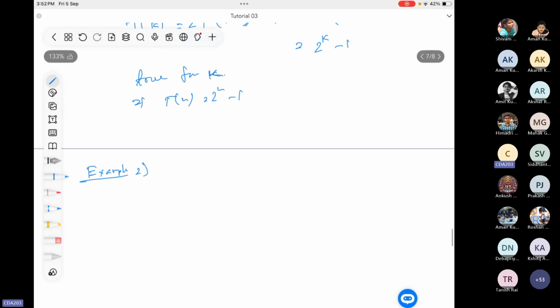Okay. So next example is this one. It is 1 if n equal to 1, and 2 times t of floor of n over 2, this is the floor function, when n greater equal to 2.